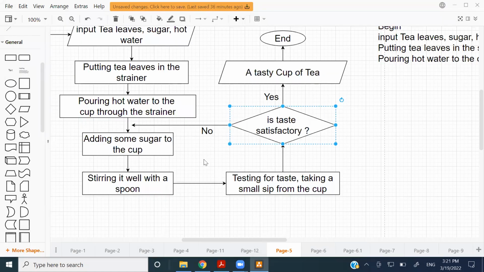Now here, the statements happen in order, and then the condition is found. So what you have to understand at this point is, in the flow chart, the condition can be anywhere inside the flow chart.